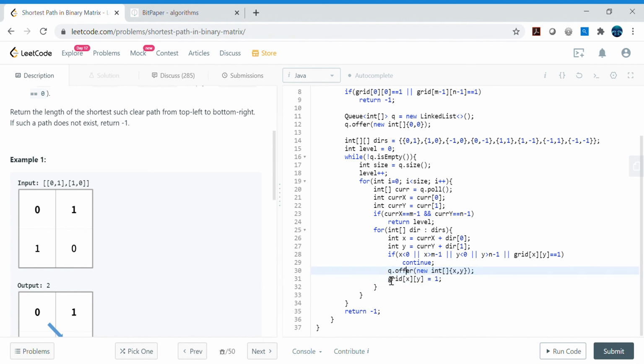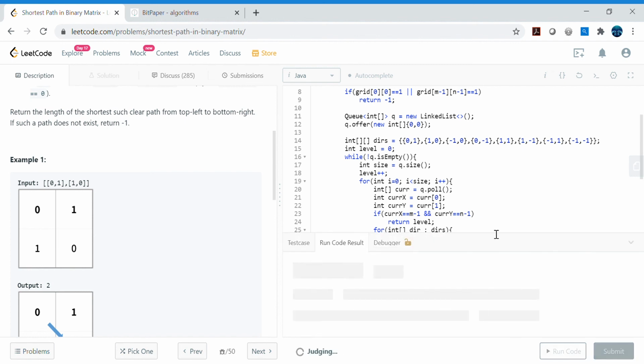So if the cell contains 0, I can update the cell value as 1. Then I can get rid of the visited boolean array and directly use this property, and if next time it checks 1, it means it is already visited. So that's another optimization that we can have.